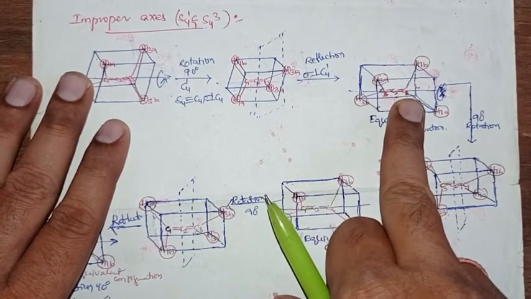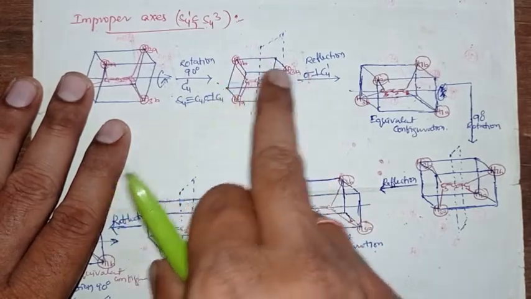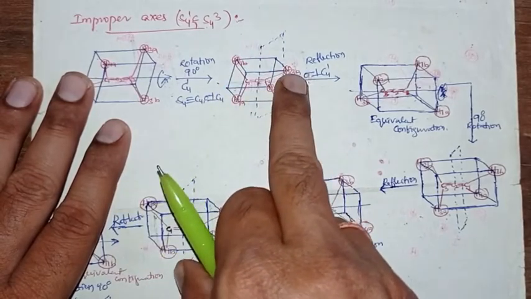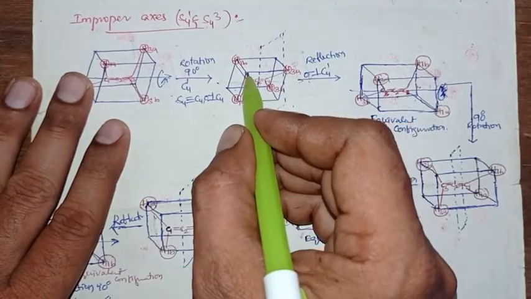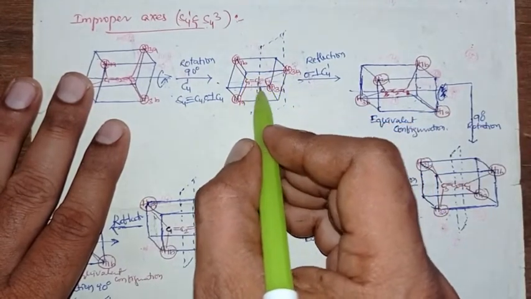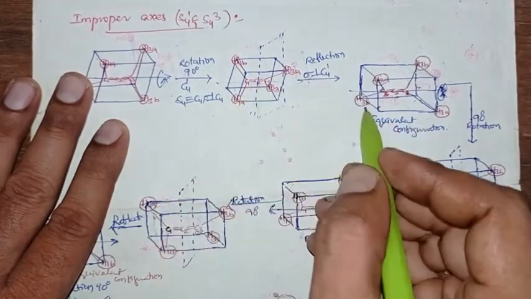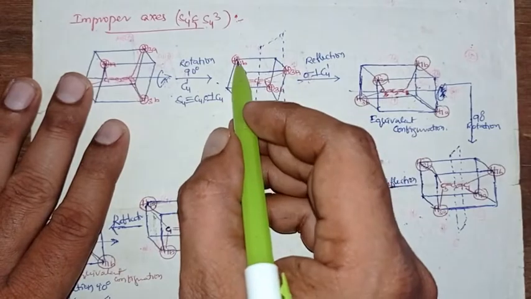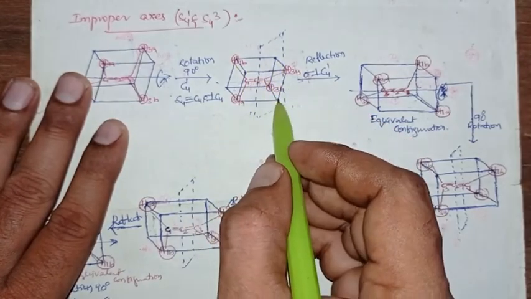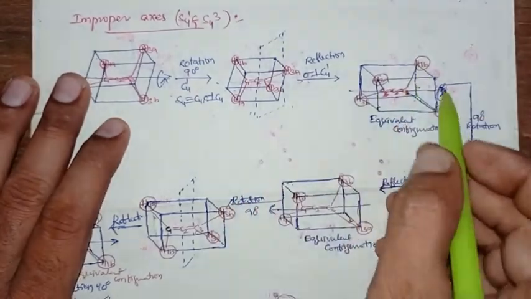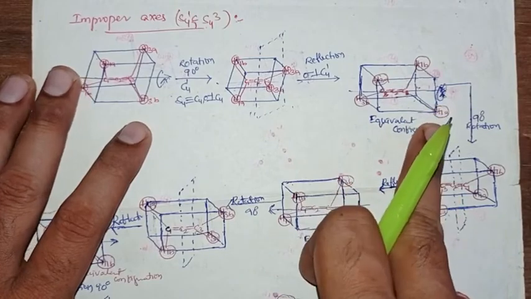The hydrogens at these two corners get reflected here; H3A will be here, H3B will be here, and H1A's position gets reflected here. After all the reflection, this is the configuration generated.